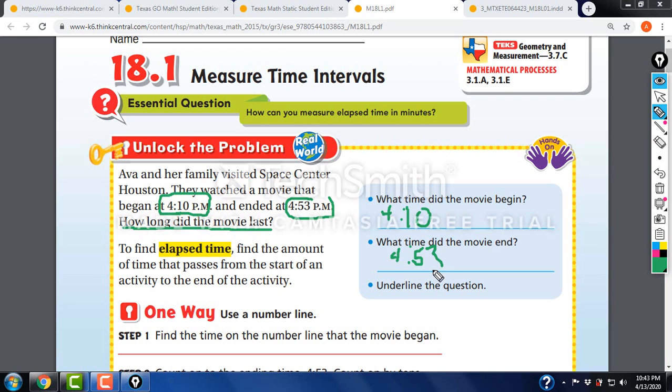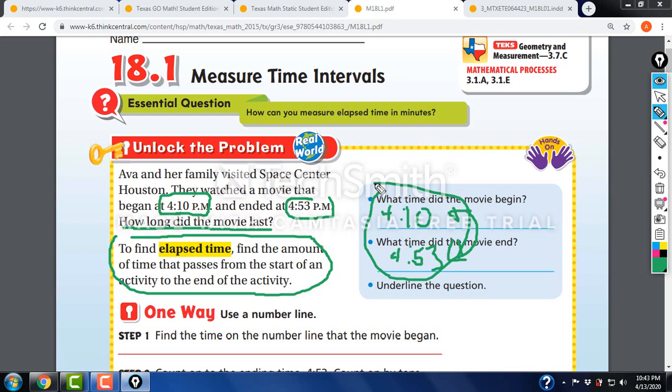We underlined the question. To find elapsed time, find the amount of time that passes from the start of an activity to the end of the activity. There are several ways to do it, some easy ways.